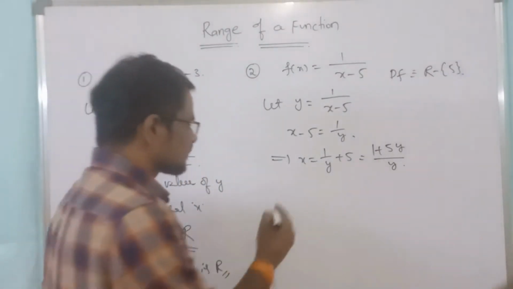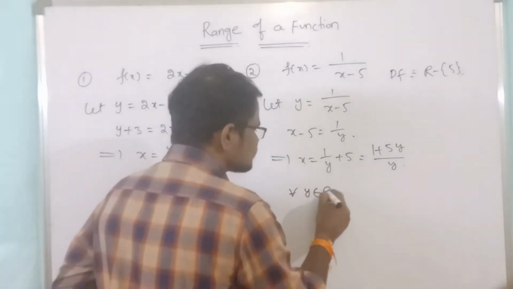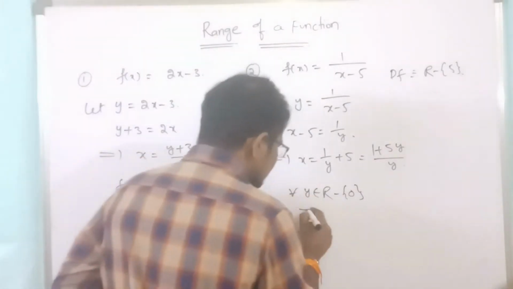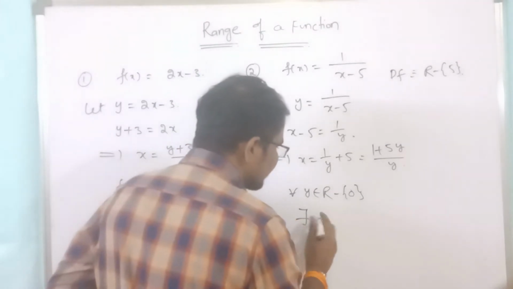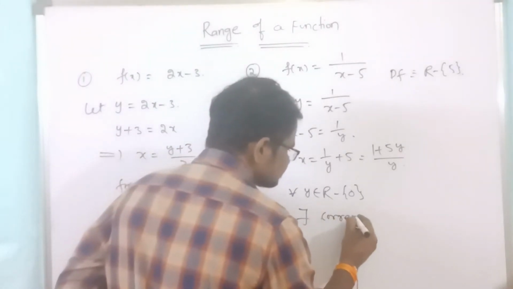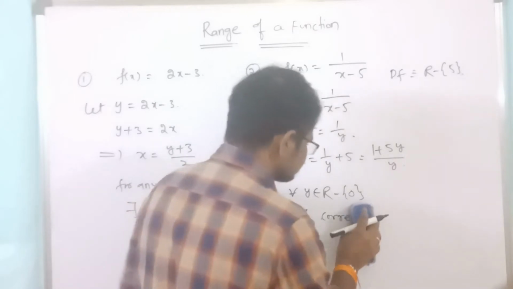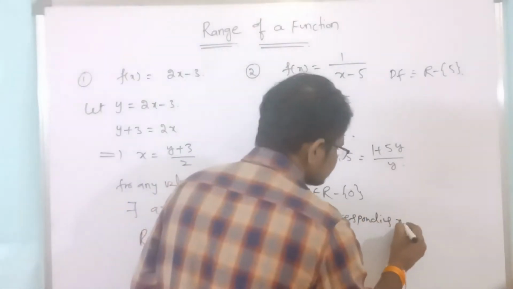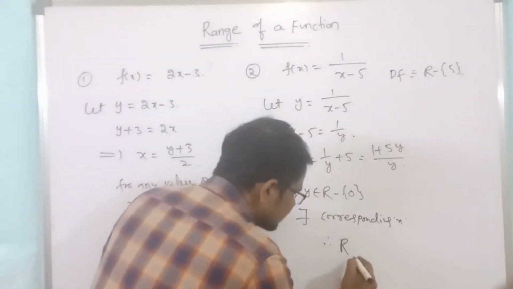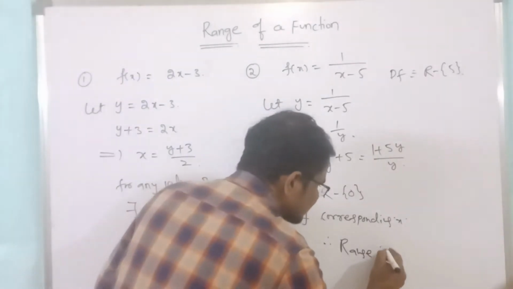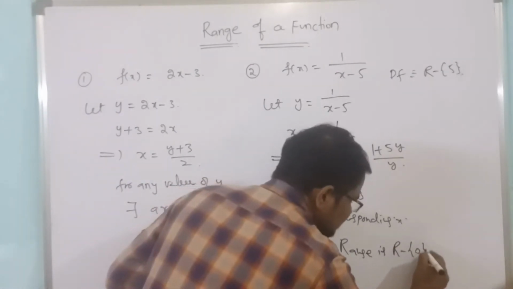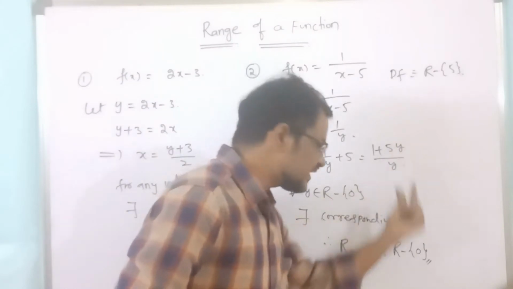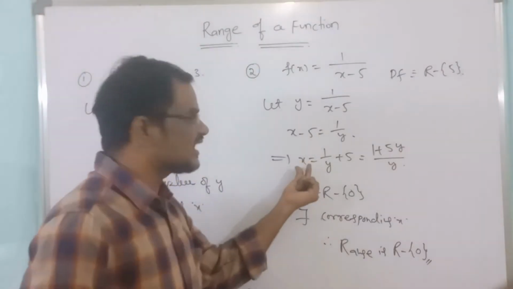So in this, for all y belonging to the real numbers except 0, there exists a corresponding x. Therefore the range of this function is all the real numbers except 0, because if you take any real number except 0, there exists x.